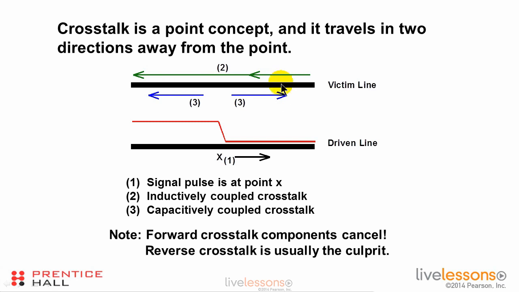And in some cases, these components are exactly equal and they do cancel. And the most common way that happens is in a strip line environment where the environment is homogeneous or the environment is uniform. So it is usually the backward crosstalk component that is a problem on our circuit boards.